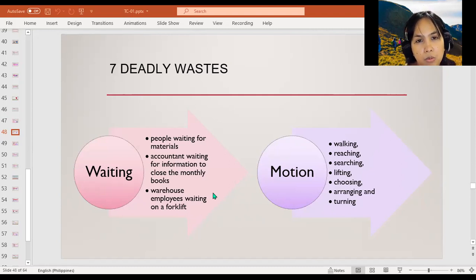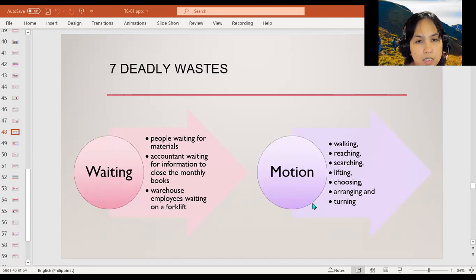And then we go to motion, which is any movement of people that doesn't add value to the product. The waste of motion is revealed by closely studying motion and the time it takes to do a task. It's often possible to improve manual operation times by 30 to 50%.